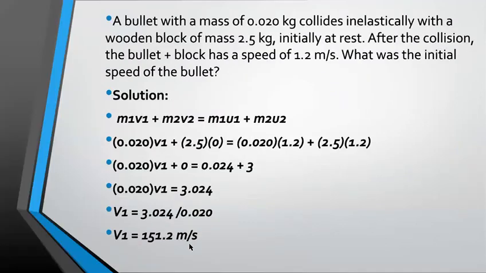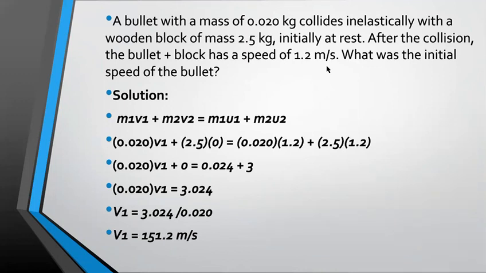There is a problem relating to this law of conservation of momentum. A bullet with a mass of 0.020 kilogram collides inelastically with a wooden block of mass 2.5 kilogram, which is initially at rest. After the collision, the bullet plus block, means both of them stuck with each other, have a speed of 1.2 meters per second.